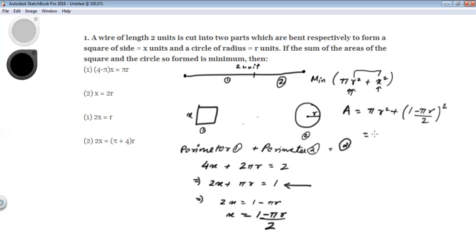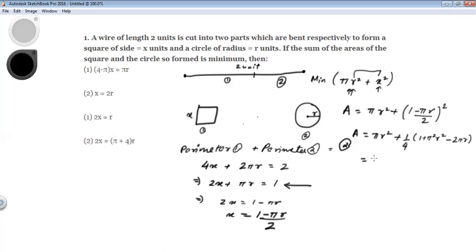So this gives us area to be pi r square plus (1 minus pi r) square, so we take 1 by 4 outside, and (1 minus pi r) square will give us 1 plus pi square r square minus 2 pi r. So this will be the value. All right.